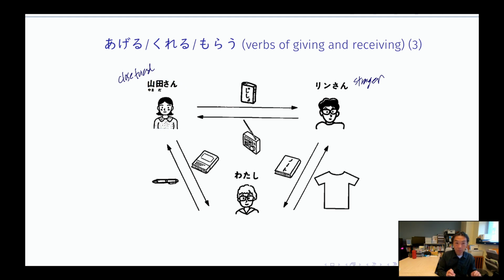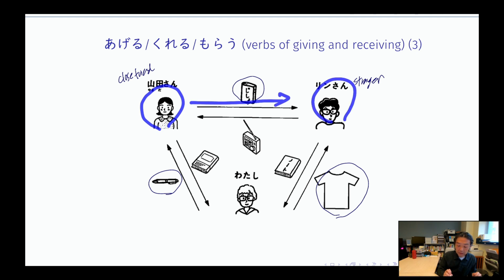But when things move from inside to outside, for example, this one is going outside. Anything that comes from you is going outside, right? Once it separates from you, it always goes outside. Or something comes from in group to out group. That represents ageru, since it's coming from inside to outside.